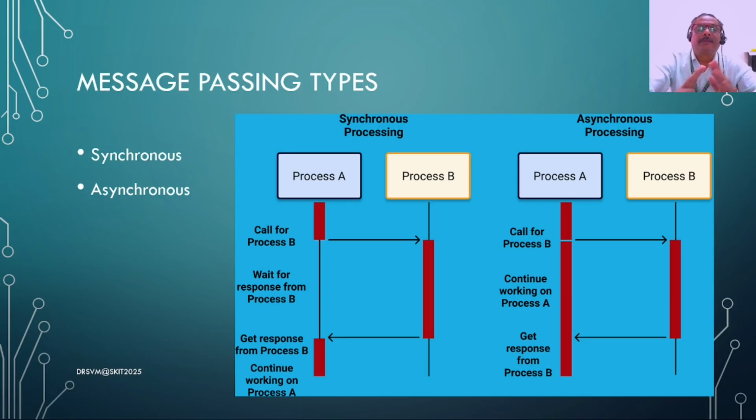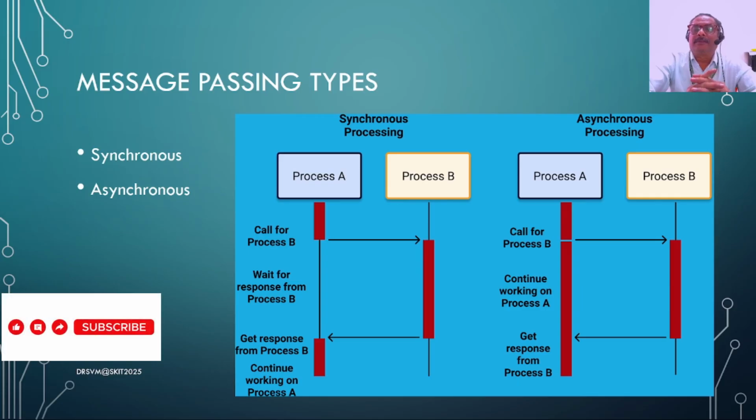It's of two types, synchronous and asynchronous. Synchronous message passing is something like making a call, both ends should be ready, and asynchronous is like sending an SMS, WhatsApp message or email. It just goes and sits in their mailbox, and whenever the receiver is ready to receive it, they just open it and acknowledge. So that's about the message passing.